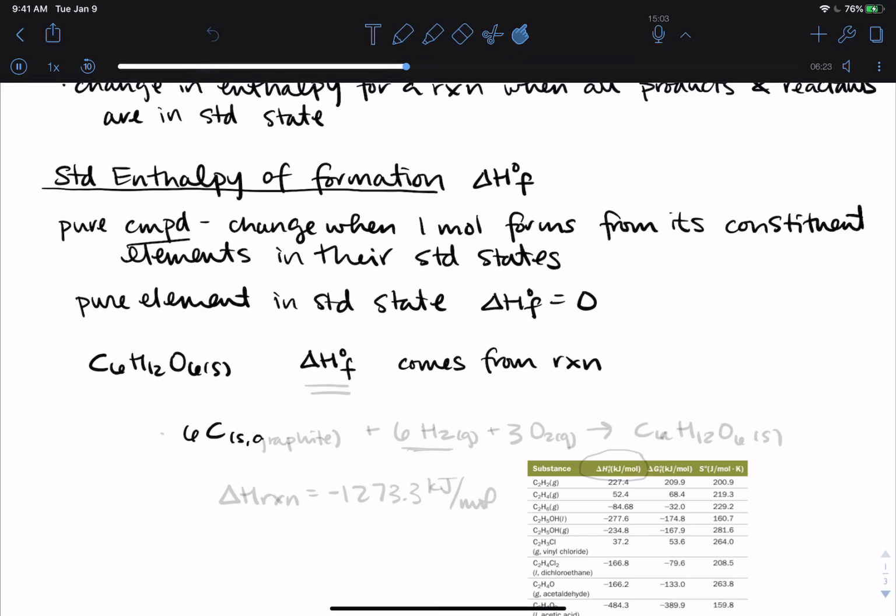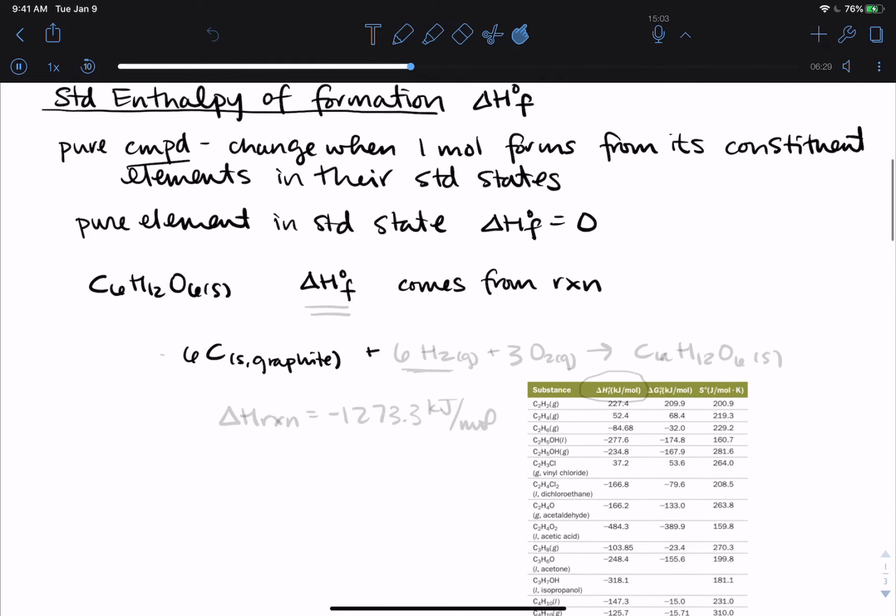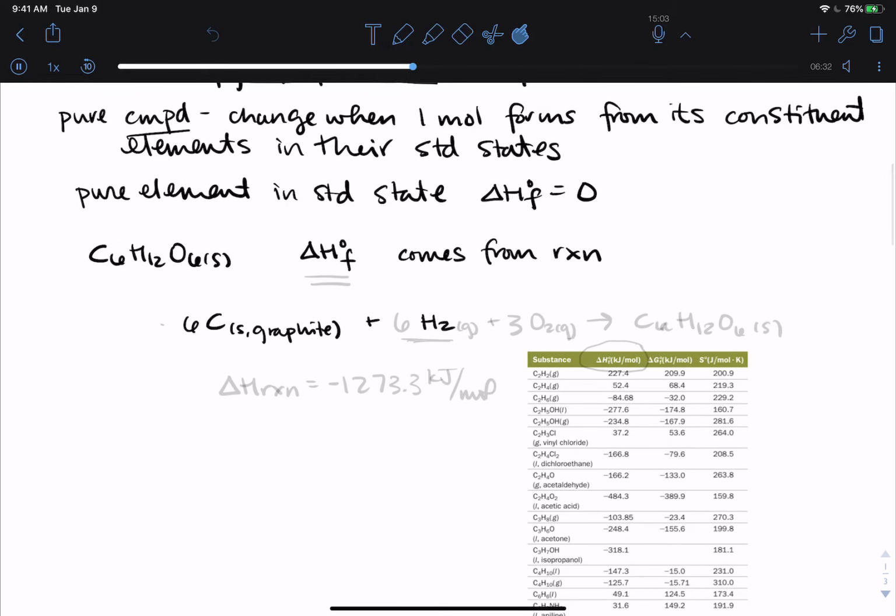Its standard state and most stable form is graphite, plus the standard state for hydrogen is H2 gas, and so I need 12 total, so I need 6 of those. And then O2 is the standard state for oxygen gas, so I'm going to need 3 of those. All of those things turning into C6H12O6 solid.